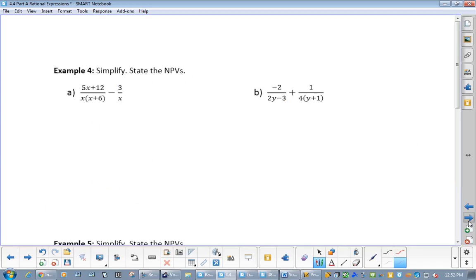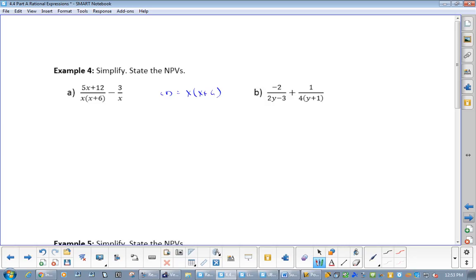Okay. Now, x times x plus 6 and x. What is something that both of those can go into? What's a common denominator? x times x plus 6.